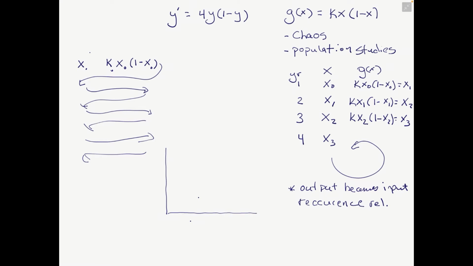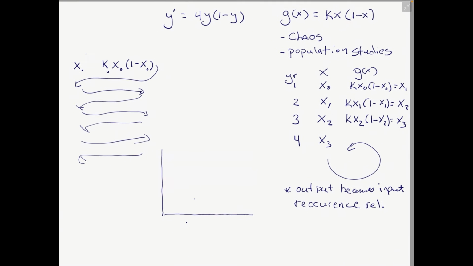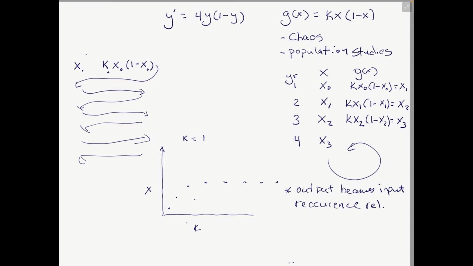If you plot this for a given k, so for k equals some value, let's say 1, we'll see that initially, when we start with x0, the function begins to rise and then stabilize at a number.